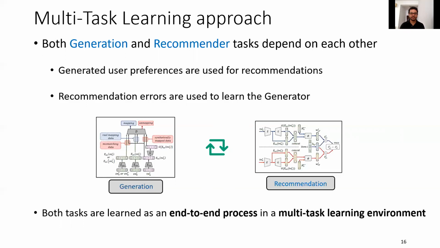An effective generation process helps output quality recommendations. Then the recommendation errors can also be backpropagated to the generator to fine-tune it into providing more effective generations. Therefore, these two tasks depend on each other, and we learn them as an end-to-end process in a multitask learning environment.